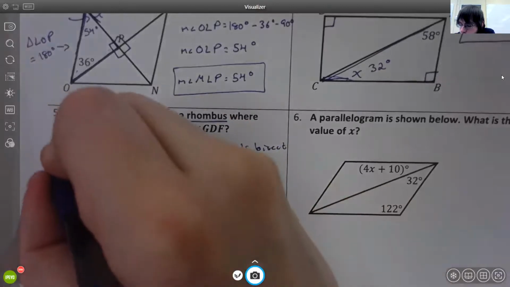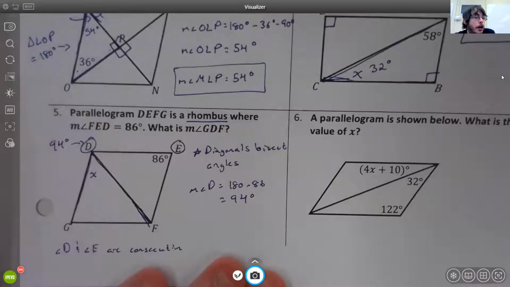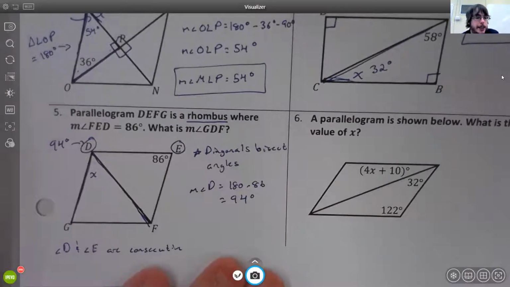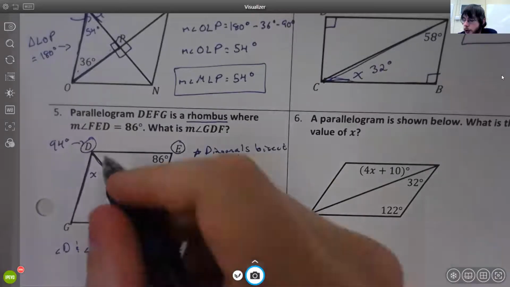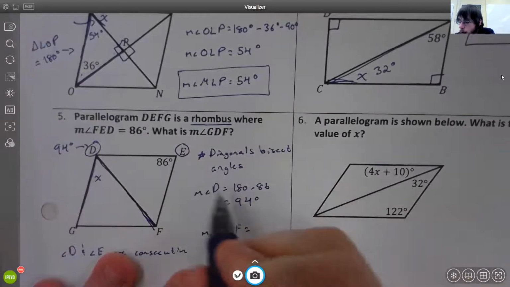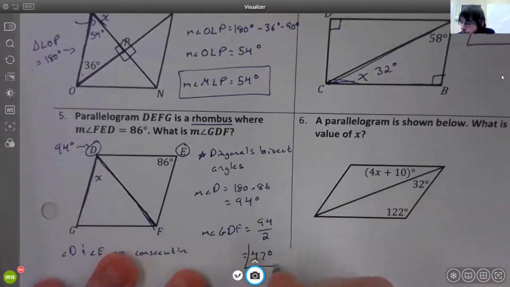So angle D is 94 degrees. Well, that's the whole thing. We know the diagonals bisect the angles, which means they split them in half. So in order to find X, or GDF, we have to take our whole angle, which is 94, and divide by 2, which would give us 47 degrees.